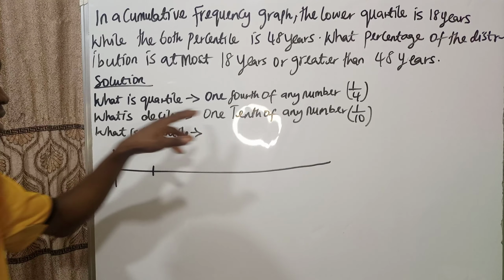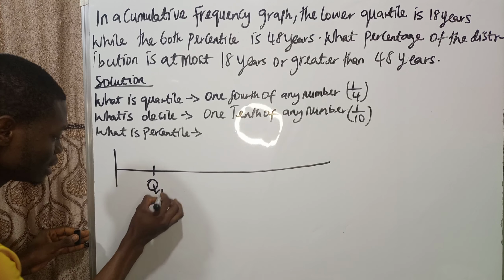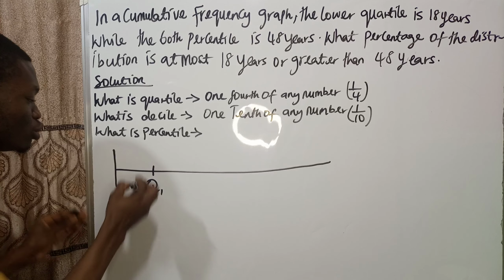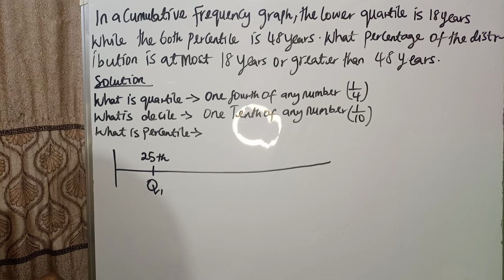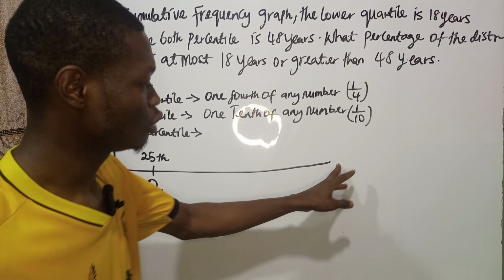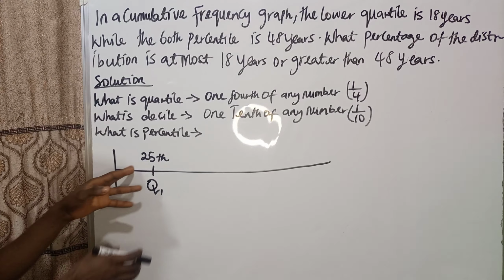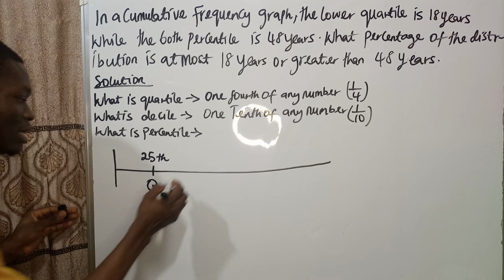Let's represent quartile first. So our Q1, that's our quartile one, will be 1/4 of 100, which will give us 25. Because this number line, we assume that it ends at 100.